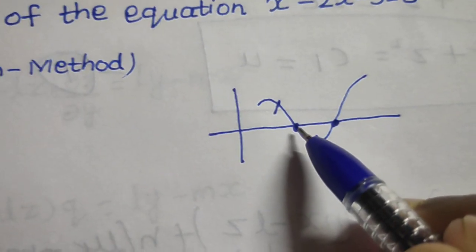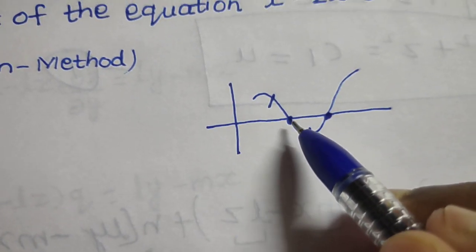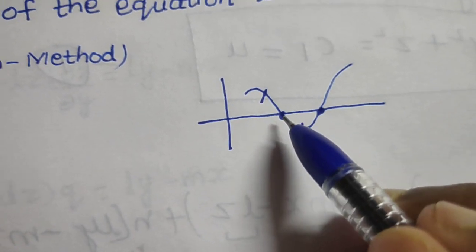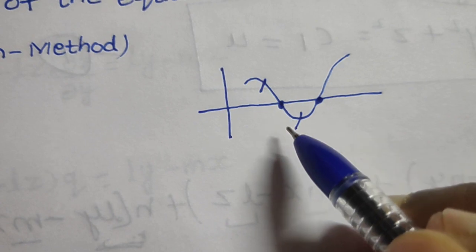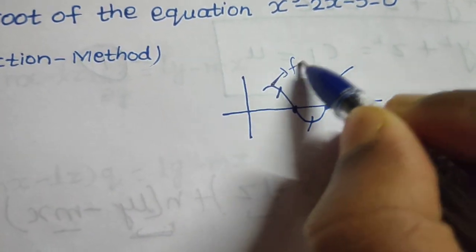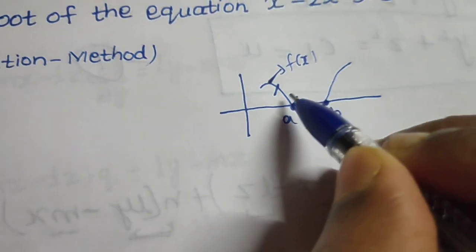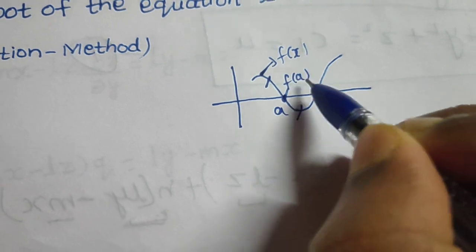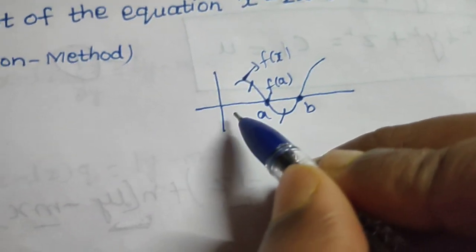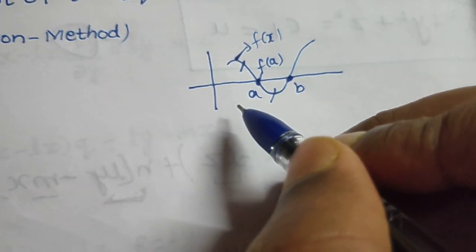As you can see, to the left of this dot, before it intersected the x-axis, the value of the function was positive. This is the graph of f(x). This is, let's say, point A, point B. Exactly f(A) is 0, exactly f(B) is 0, but to the left of A the value of the function is positive.